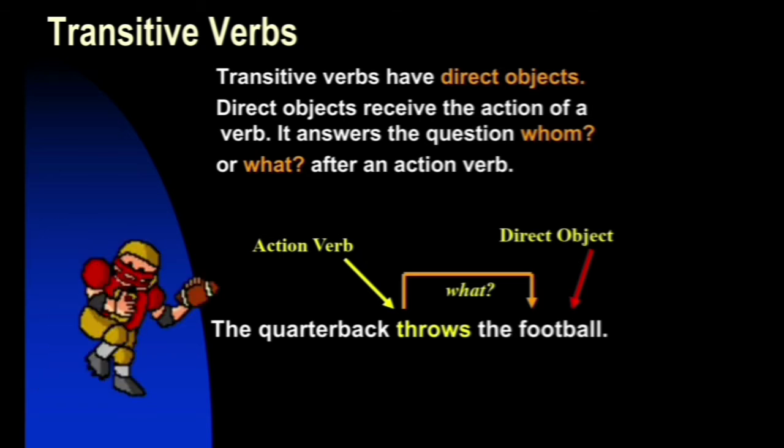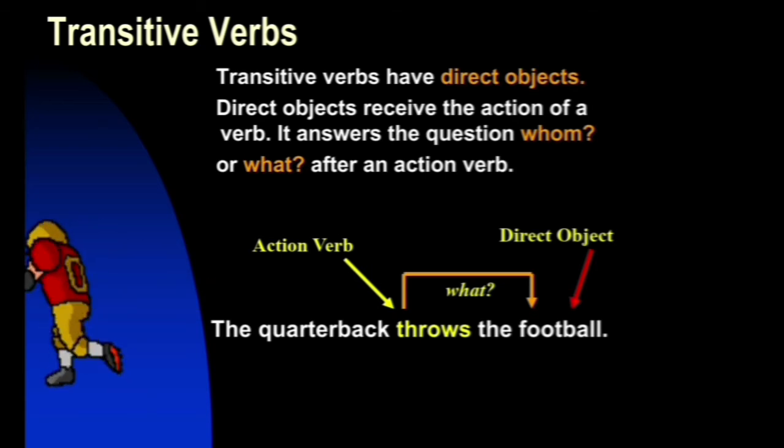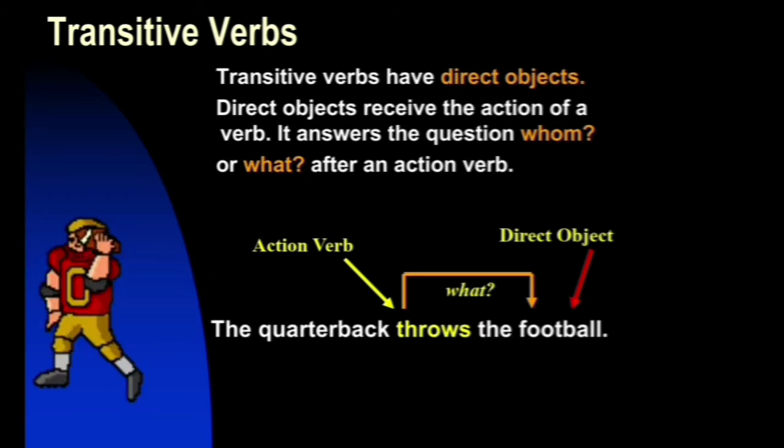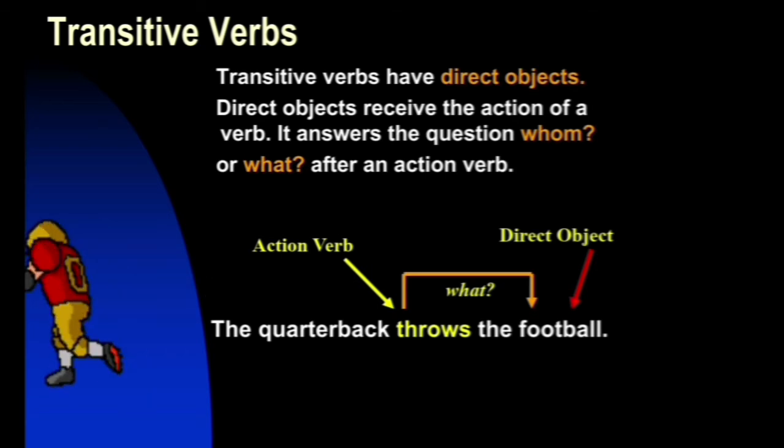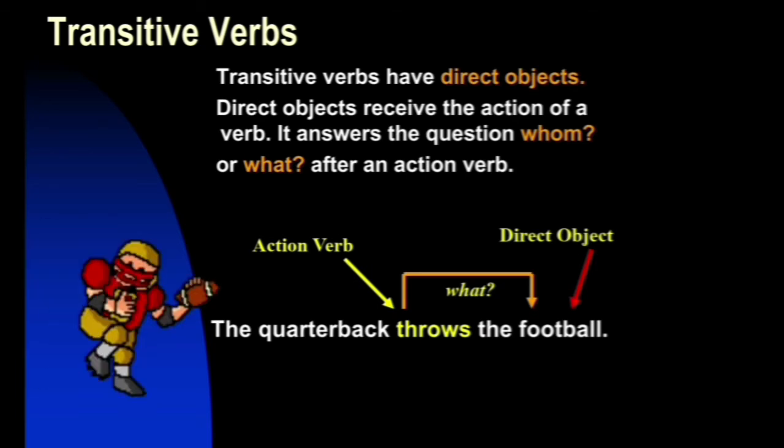The direct object answers the question whom or what after an action verb. The quarterback throws the football. Here, throws is the action verb, and what he throws is the football, that is the direct object. We ask the question what, and the answer we get is football, so the direct object is football.